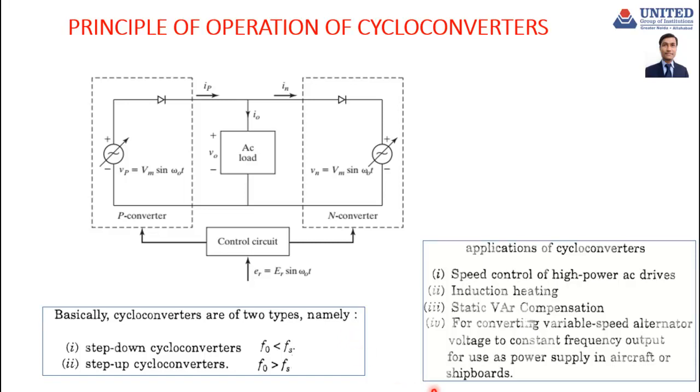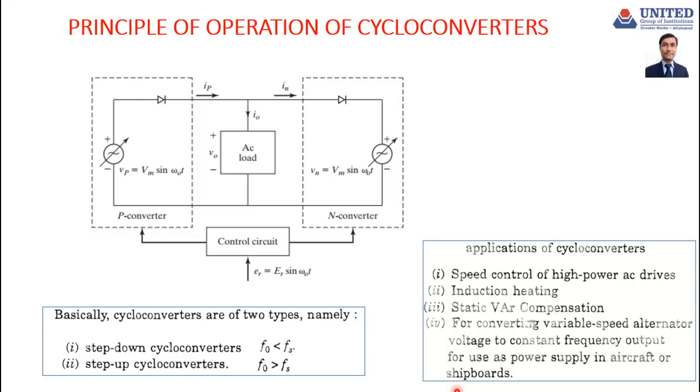Generally, variable AC output voltage at a variable frequency can be generated by using two-stage converters such as a controlled rectifier and inverter. Controlled rectifier means fixed AC to variable DC converter, and inverter means variable DC to variable AC at variable frequency. But the cycloconverter can be used to eliminate the requirement of one or more intermediate converters.